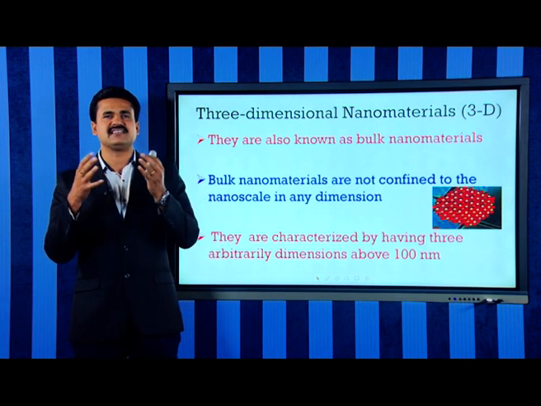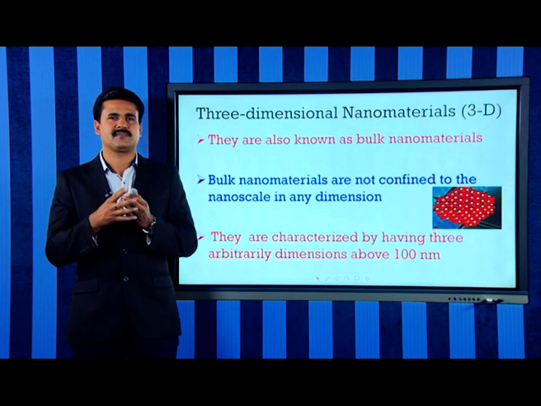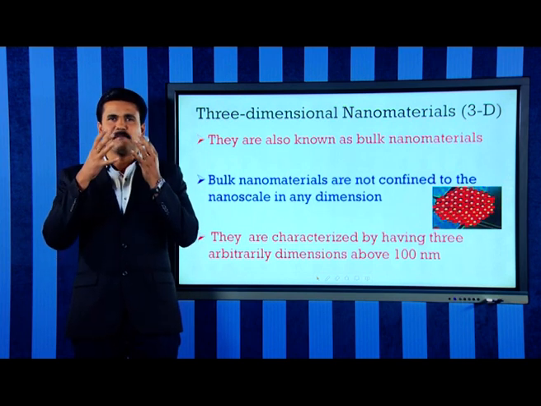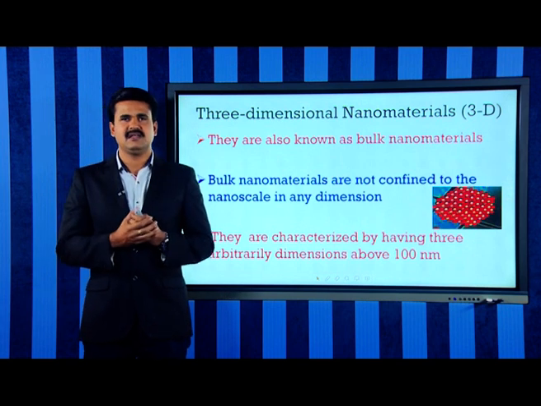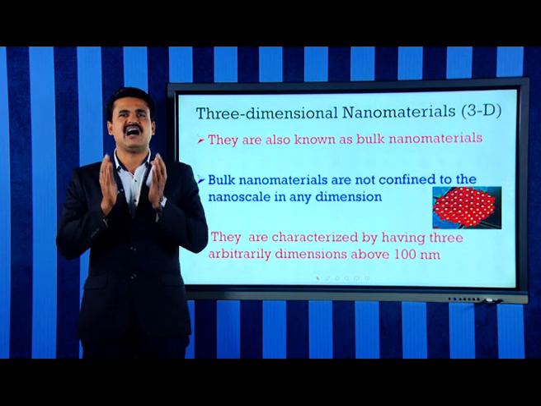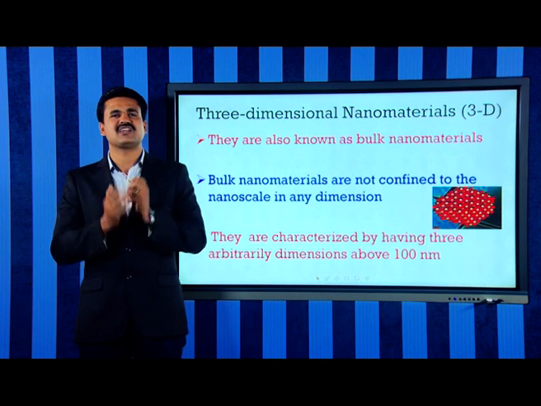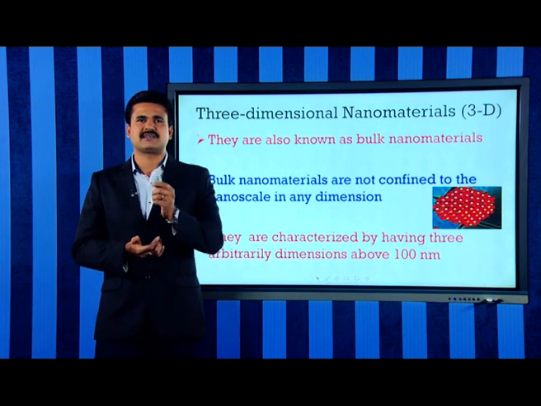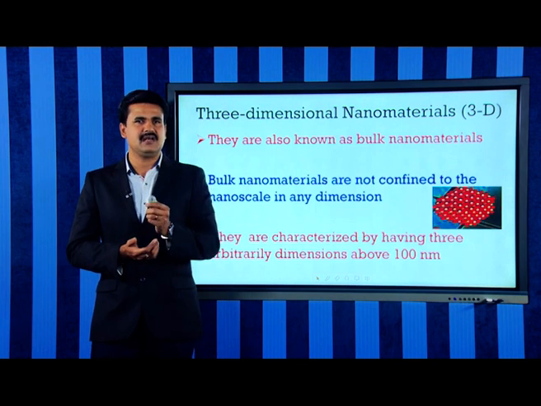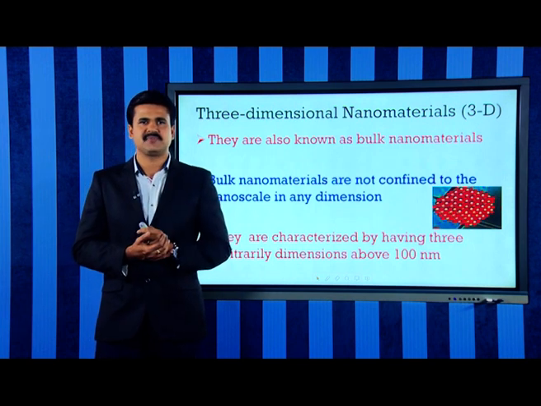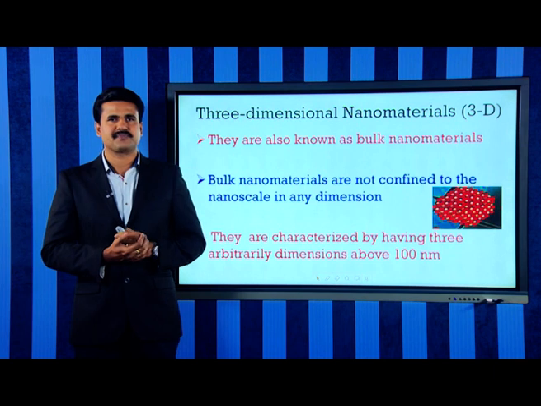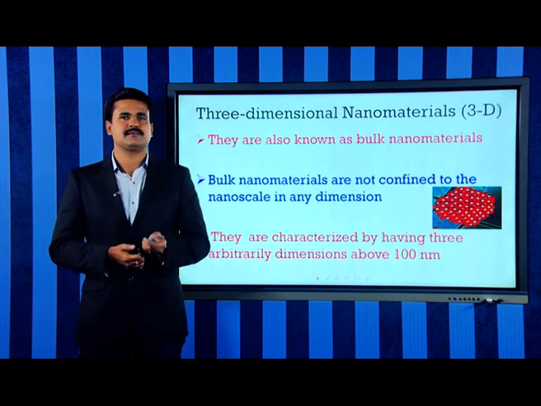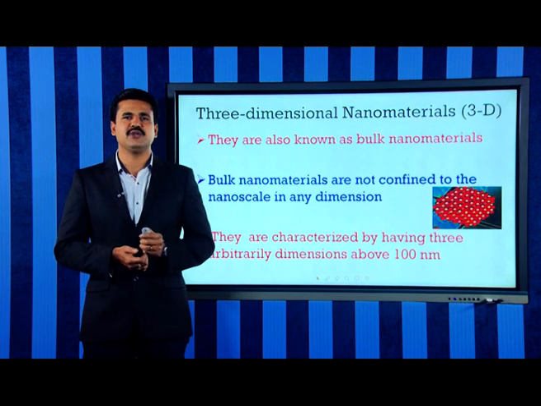When such nanomaterials assemble together, they will grow and we will get a bulk nanomaterial. Bulk nanomaterials are otherwise called three-dimensional nanomaterial. Bulk nanomaterials are not confined to the nanoscale in any dimension. They are characterized by having three arbitrary dimensions above 100 nanometer.